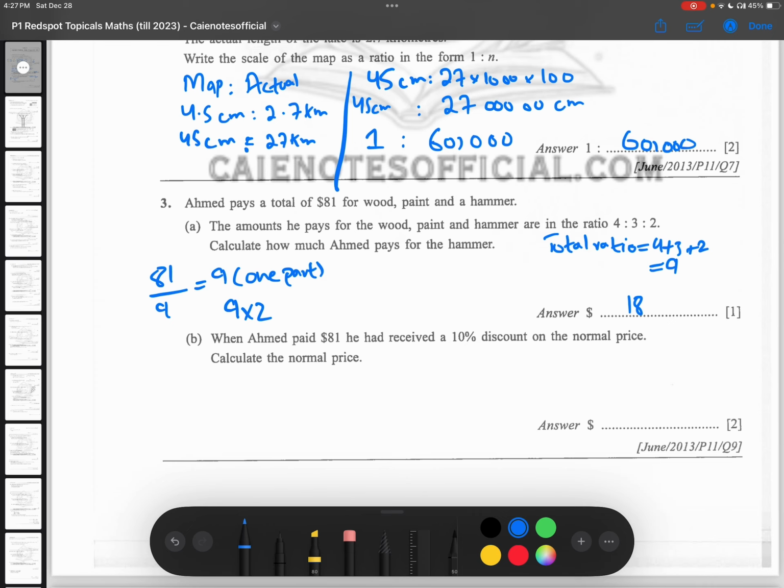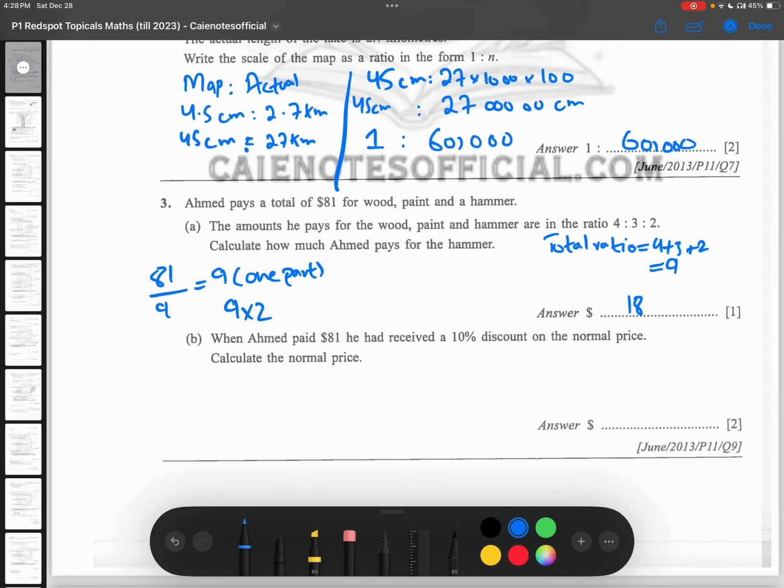Part B says when Ahmed paid $81, he had received a 10% discount on the normal price. Calculate the normal price. So when Ahmed paid $81, he had received a discount of 10%. So Ahmed basically paid 90% of the normal price.